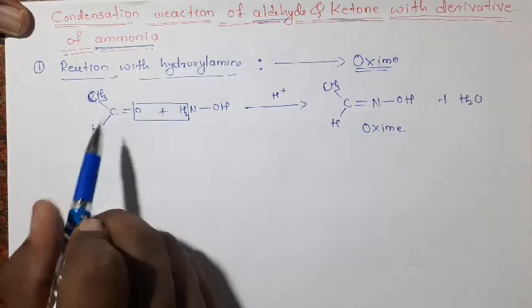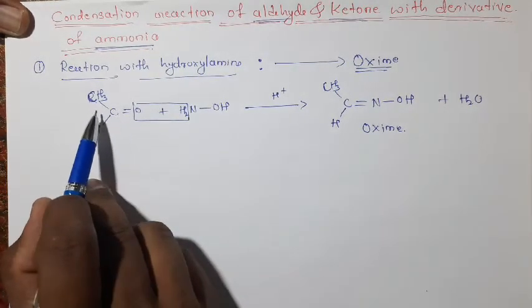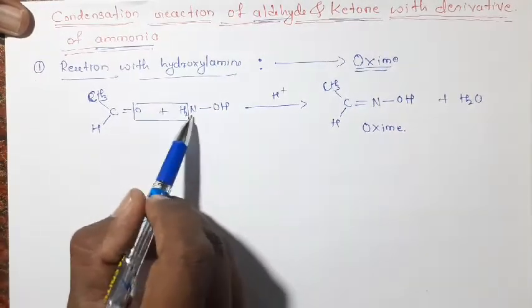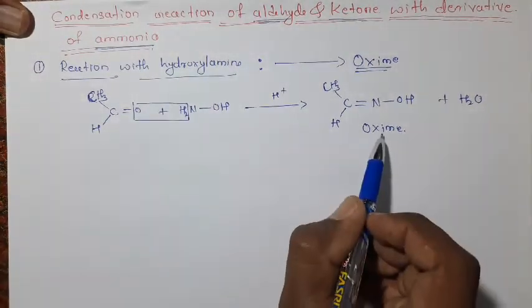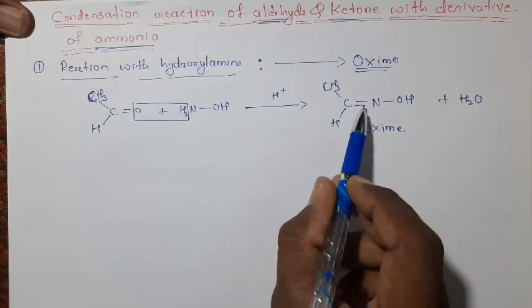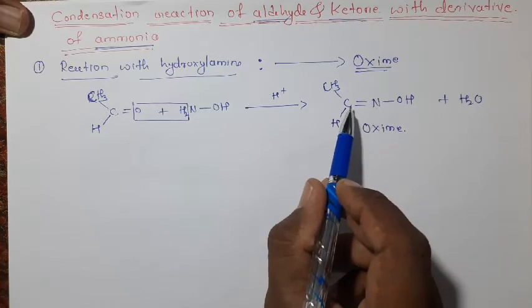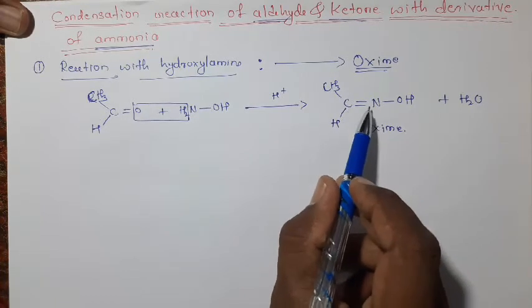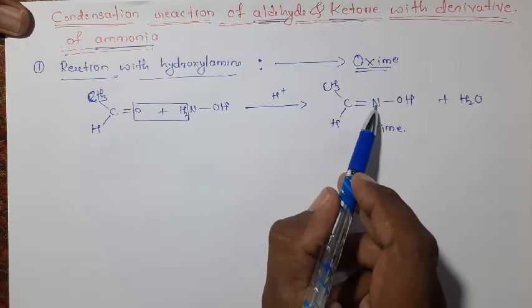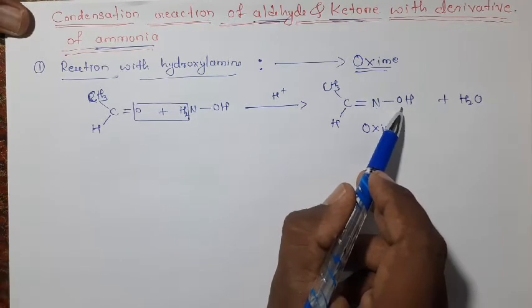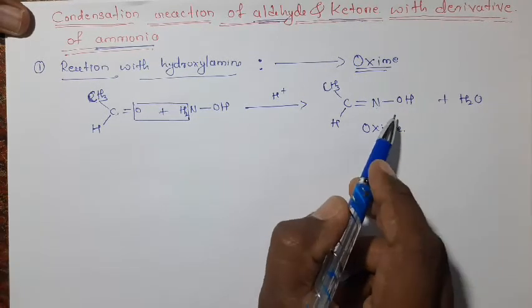In this, we are reacting an aldehyde or it may be a ketone with hydroxylamine. It gives oxime. In oxime, the nitrogen is doubly bonded with carbon, and this nitrogen is attached to the OH group. This is called oxime.